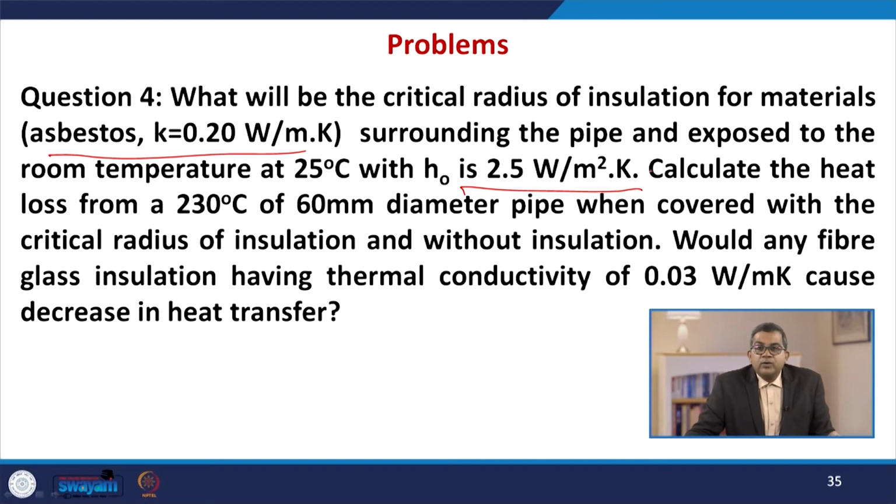You need to calculate the heat loss from a 60 millimeter diameter pipe at 230 degrees Celsius when covered with the critical radius of insulation, and without insulation. Would any fiberglass insulation having a thermal conductivity of 0.03 watt per meter Kelvin cause a decrease in heat transfer?